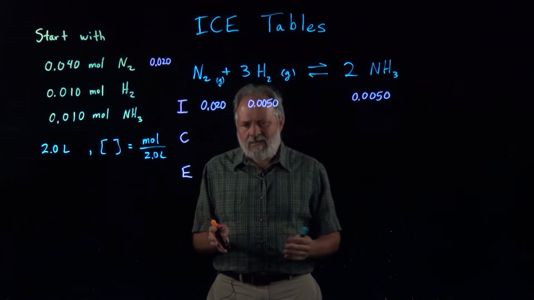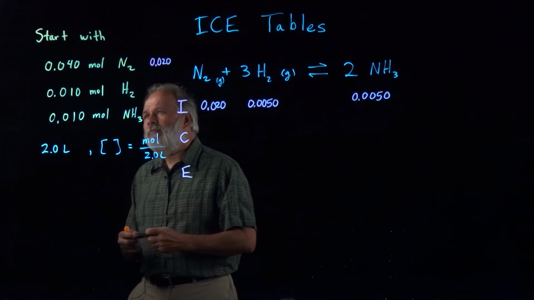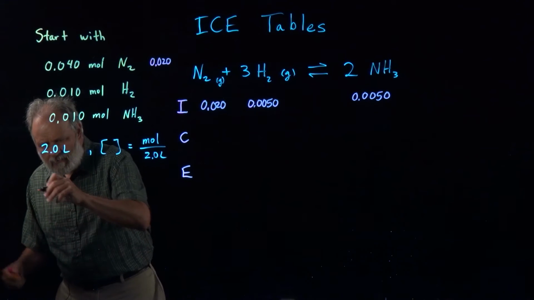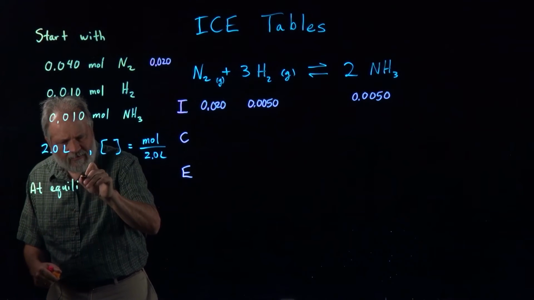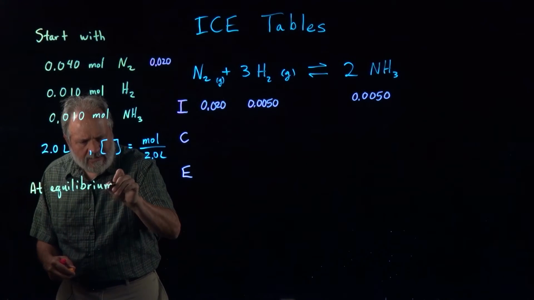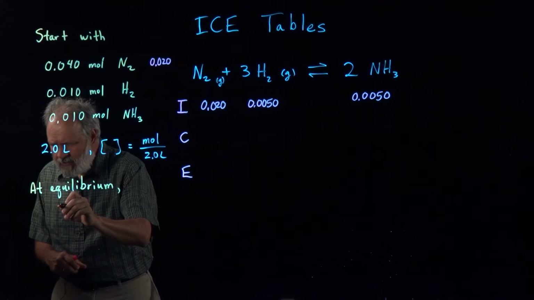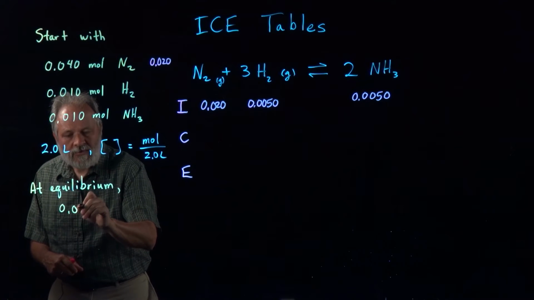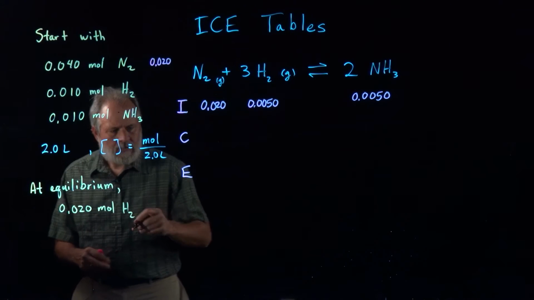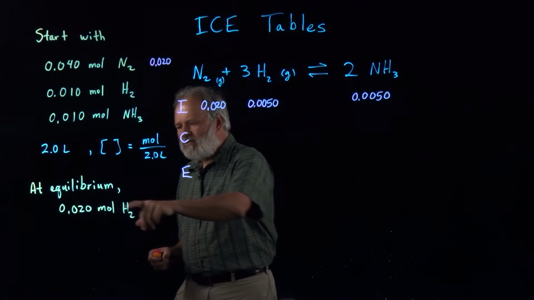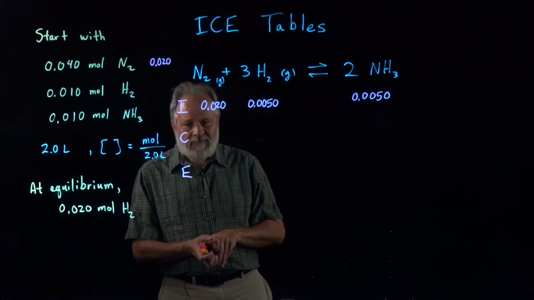This problem is going to be one where we finally wind up with, at equilibrium, this extra piece of information that gives us the ability. At equilibrium, we'll have 0.020 mole of hydrogen, which means the concentration will be these moles divided by that many liters.